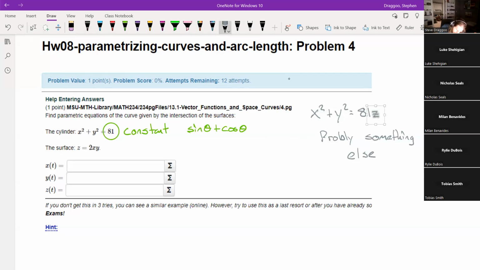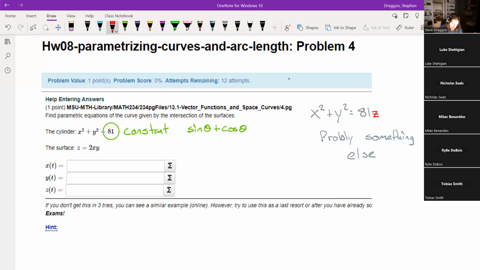The important element of this is that z on the other side. I have something that was non-constant that my two square terms are equal to. So this sine plus cosine parameterization really only works if I see the equation of a circle show up, or maybe an ellipse, but still. I need it to be equal to a constant number for the sine plus cosine parameterization, at least for now.